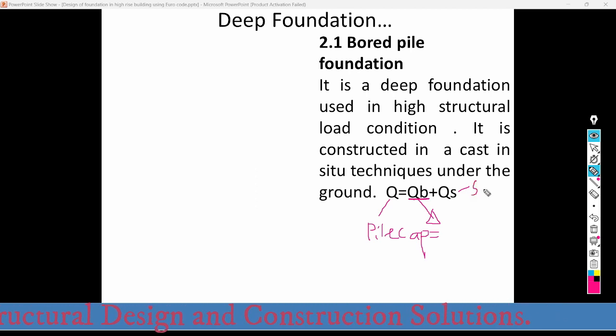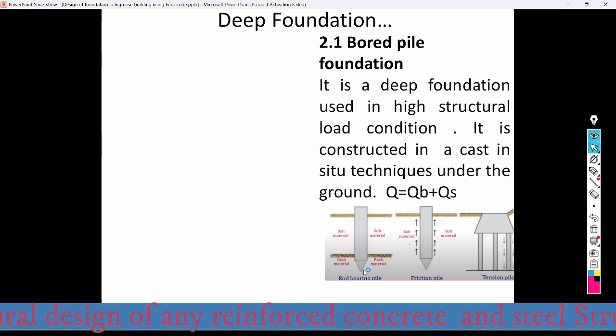That is what we call side friction. So the side frictional resistance of the pile plus the end bearing capacity of the pile is the pile capacity. So the bored pile can transfer the load by using side friction and end bearing mechanisms.